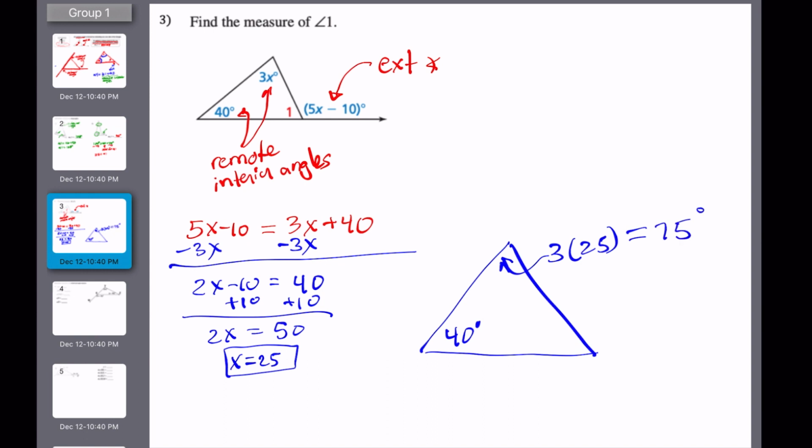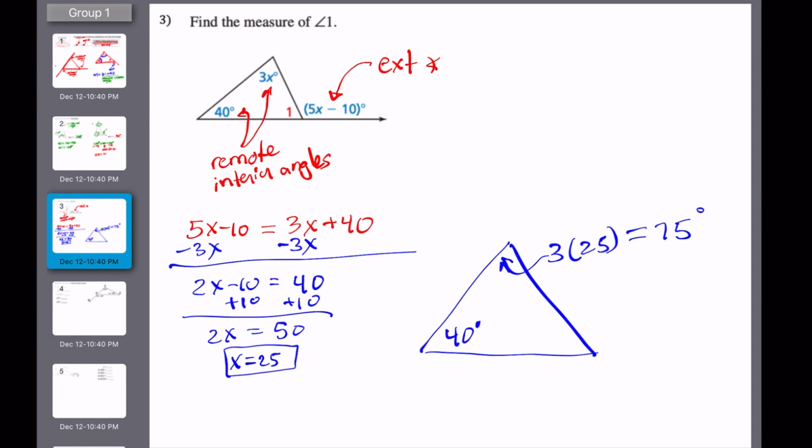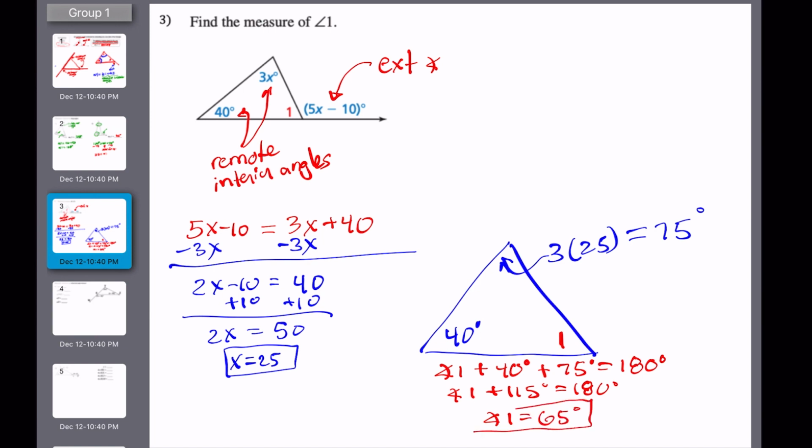And now we can use the triangle sum theorem, which tells us that 3 angles in a triangle add up to 180. So angle 1 plus 40 degrees plus 75 degrees is equal to 180 degrees. And we'll combine our constants, angle 1 plus 115 degrees equals 180 degrees, and subtract 115 from both sides, and we get that angle 1 is 65 degrees.